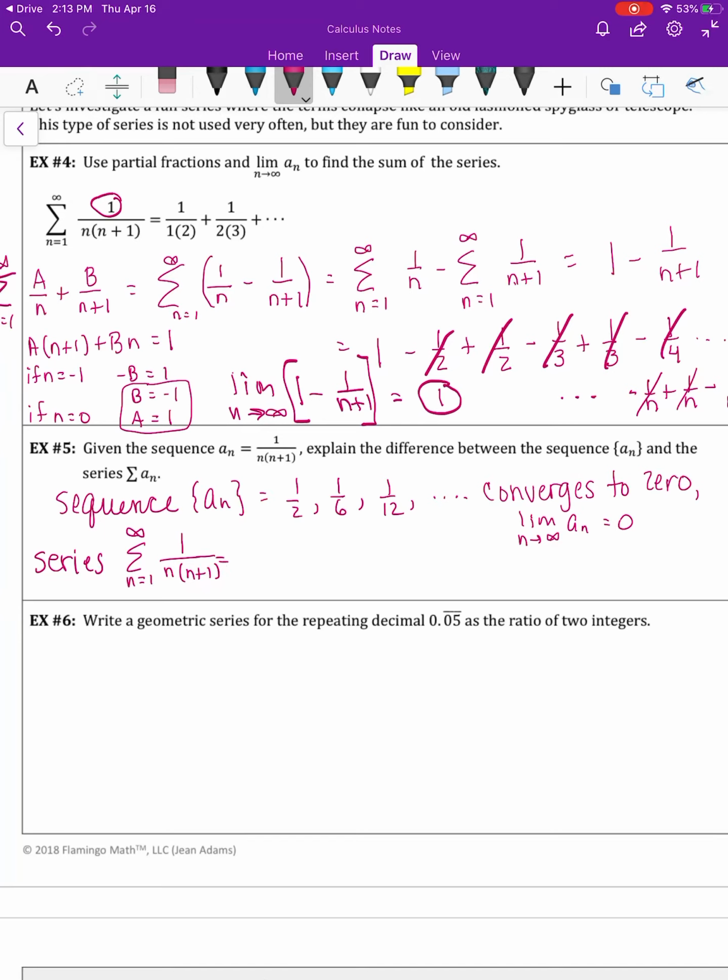The series summation n equals 1 to infinity of 1 over n times n plus 1 would be 1/2 plus 1/6 plus 1/12 plus ... And this one, when you add them up, we said that the sum is equal to 1.